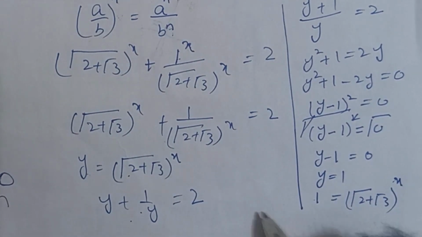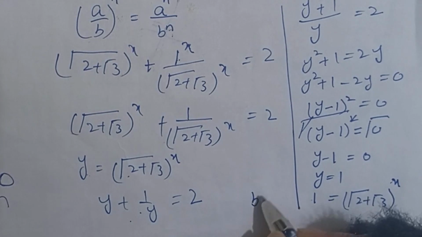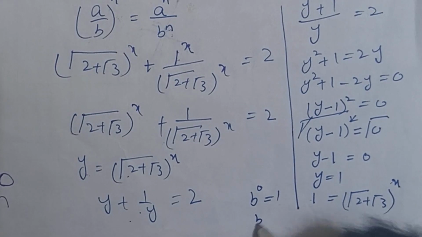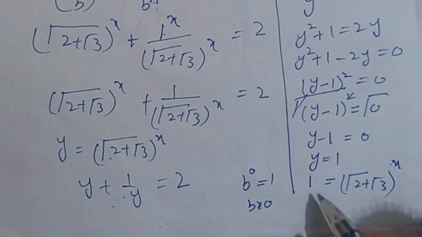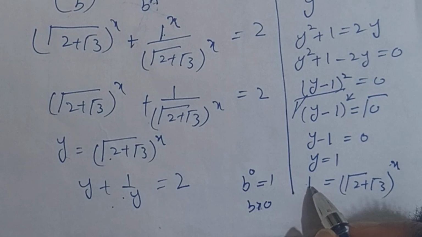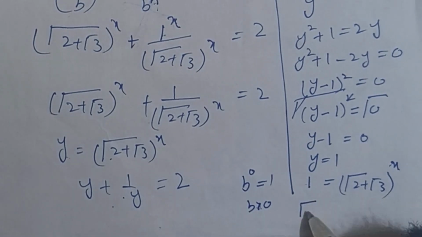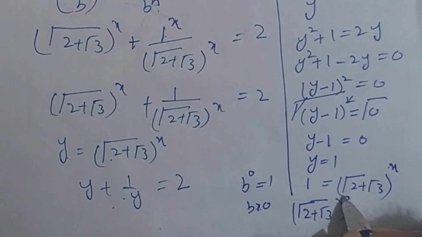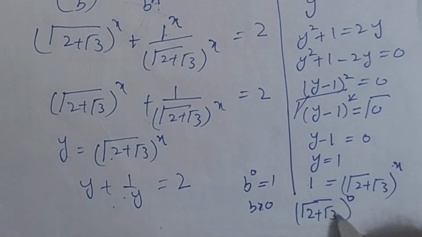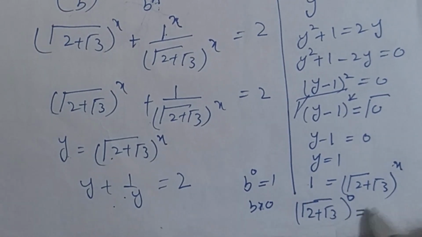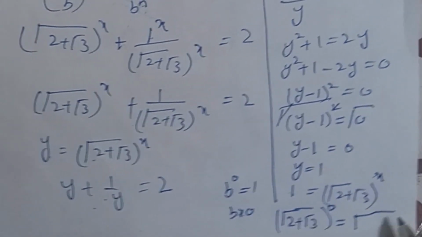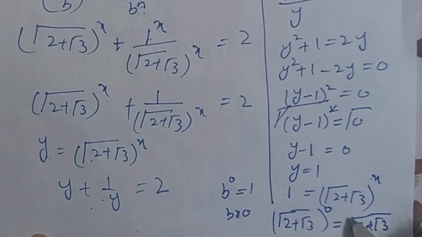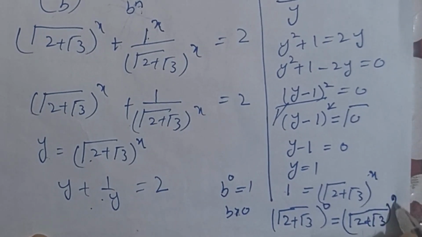In the next step, we use our property: b raised to the power 0 is equal to 1, where b is greater than 0. So we can write this 1 as (√(2 + √3)) raised to the power 0, and the right-hand side is (√(2 + √3)) raised to the power x.